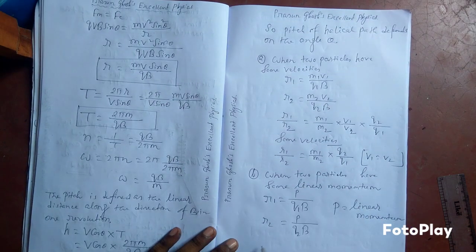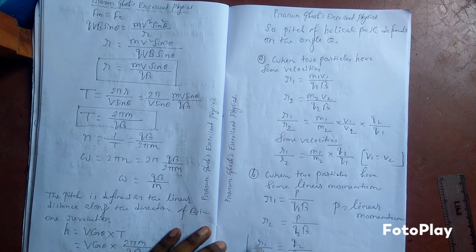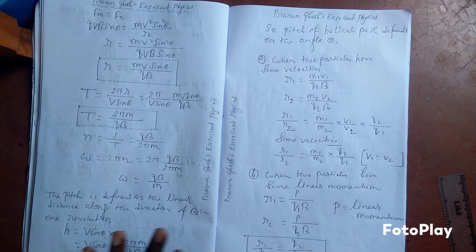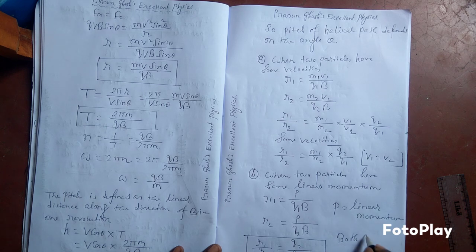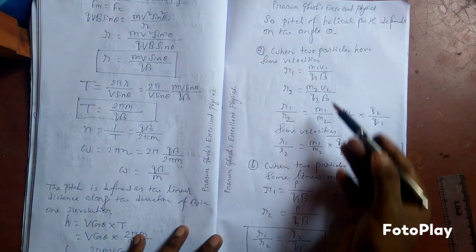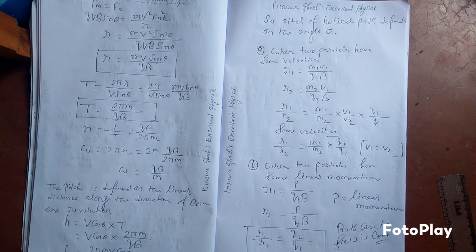Since linear momentum is the same, r1 by r2 equal to q2 by q1. So this is the relation. One thing we have to remember is that the field B is constant in both cases.